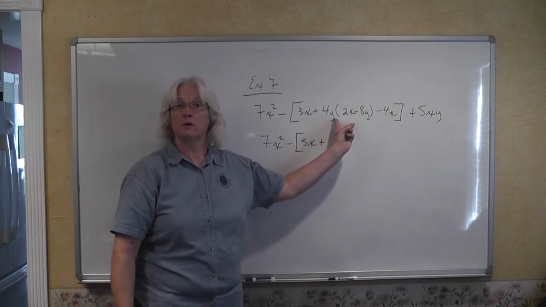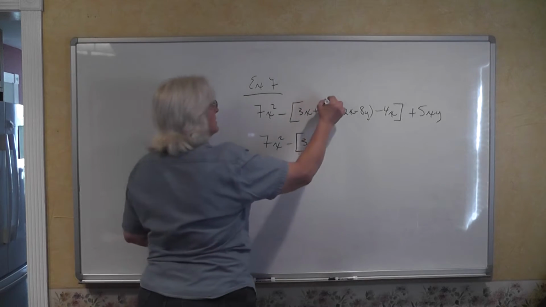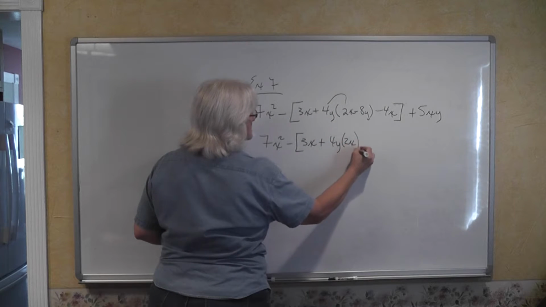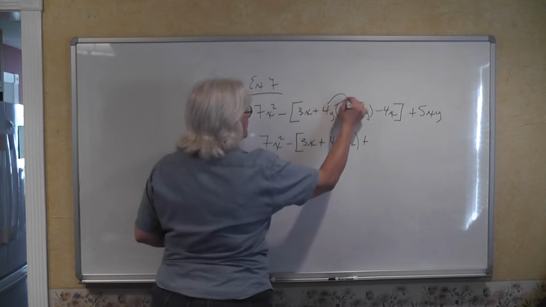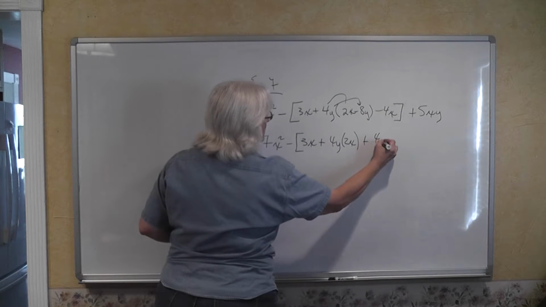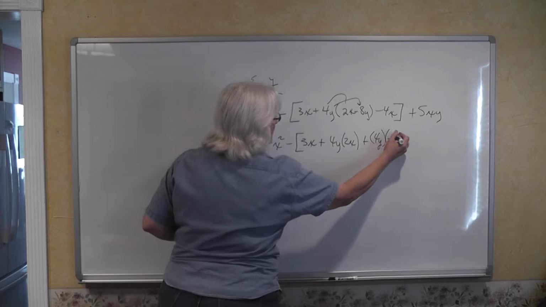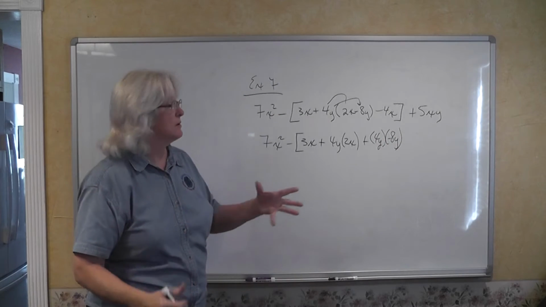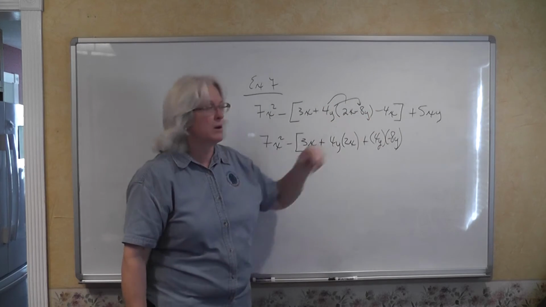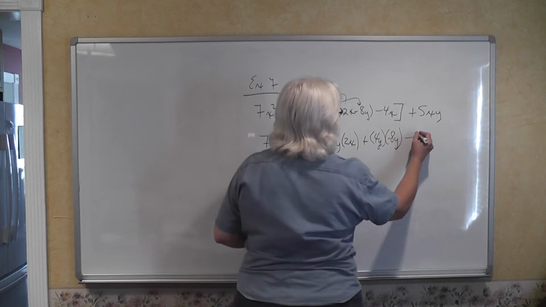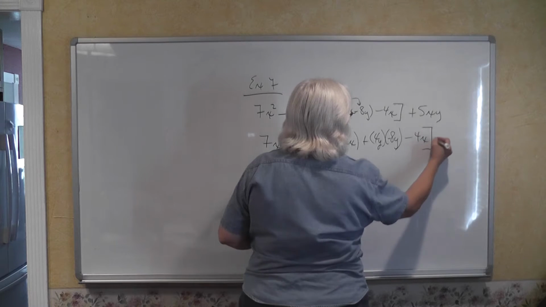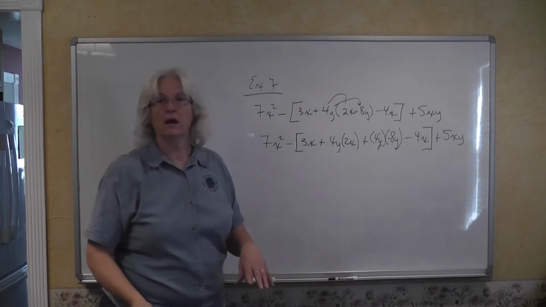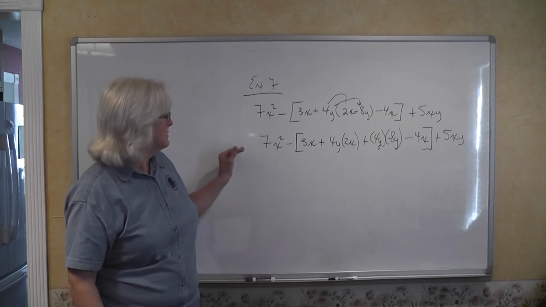Here's where we're going to use our distributive property. Plus 4y times 2x plus 4y times a negative 8y. Nothing else to distribute, so we continue on. Minus 4x, close bracket, plus 5xy.